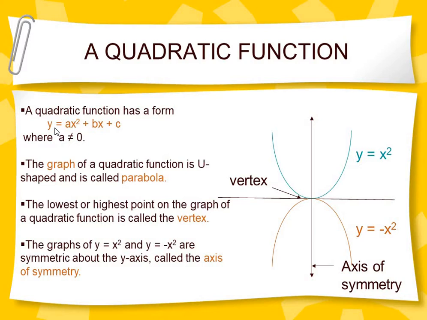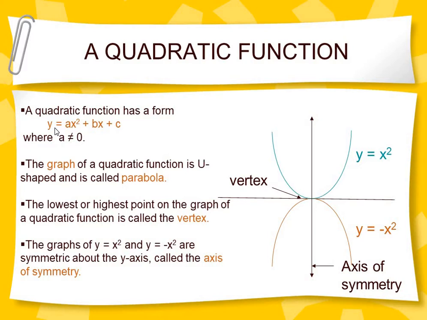Now, as I said, I will repeat it again: quadratic functions have a standard form, a general form for the quadratic function. You cannot find a quadratic function with this form where a equals 0. Why is that? Because if a equals 0, x squared will be gone, and you will have y equals bx plus c, which is a linear function and not a quadratic function.